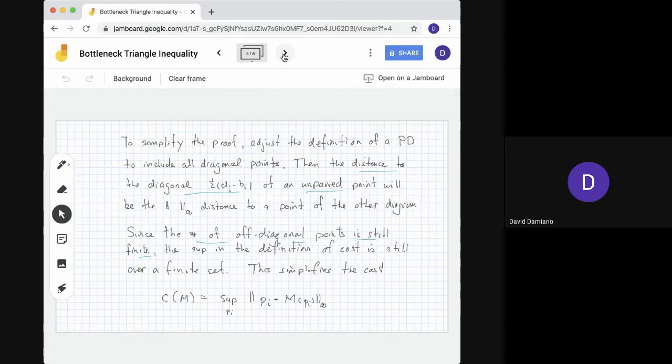The cost function now looks like the sup over all p_i of the distance from p_i to its matched point, and some of these matched points are now on the diagonal.